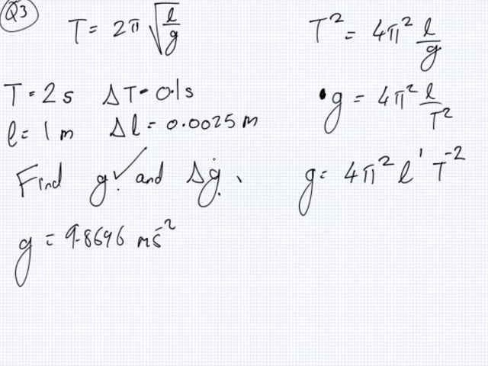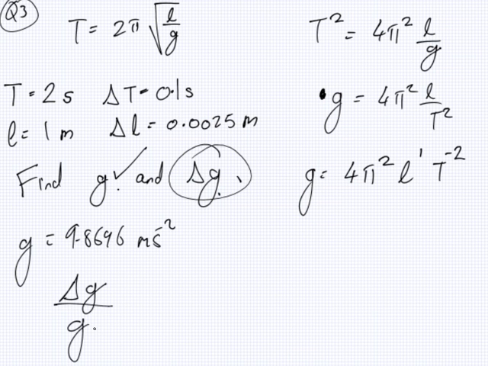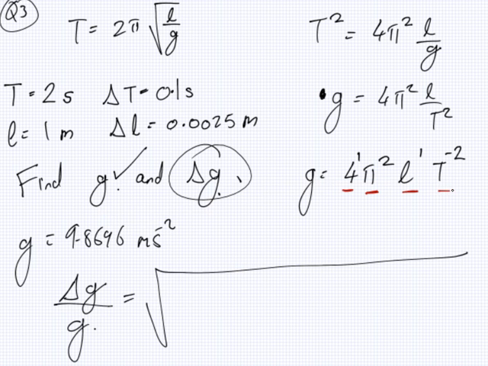Next I want to calculate delta G. Now, I can use my formula, but please watch carefully. Delta G is what I want, over G. Do I know G? Yes. Now, if you look at this formula, you have 4 terms in it. 1, 2, 3, 4.